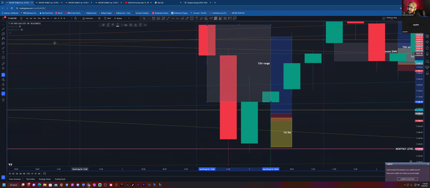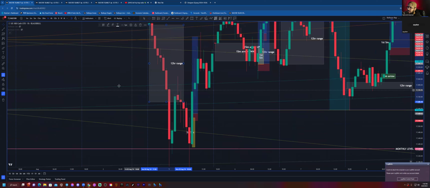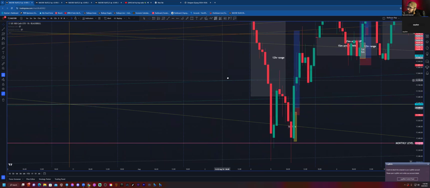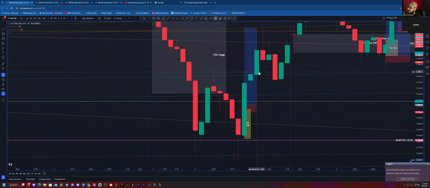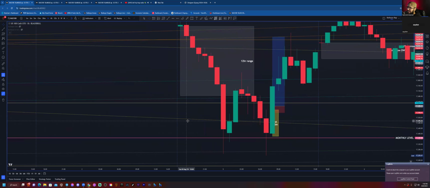Then we want to bring that out. Now I like to look at the 1 hour. I want to see if there's anything significant, because we want to look for the most likely place where price is going to pull liquidity.